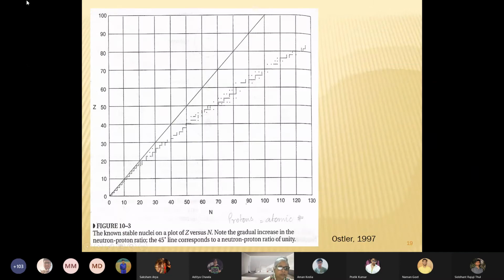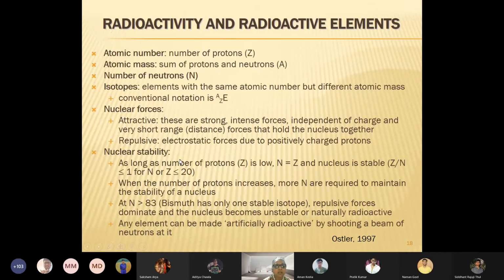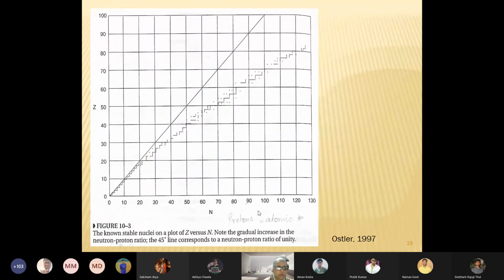Let's take a look at this graph. So here we have N versus Z. Z is our number of protons and N is our neutrons. The solid line is the line of equality between N and Z. So where N and Z are equal is your straight line. That's an abstract idea.